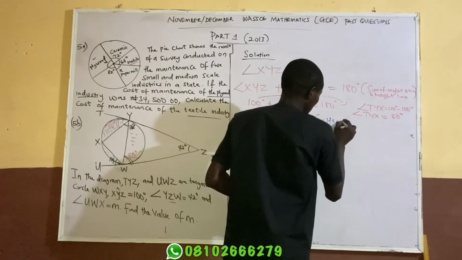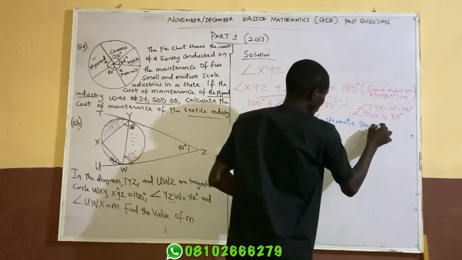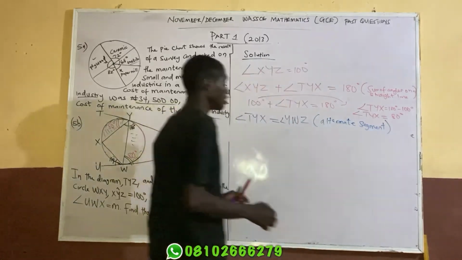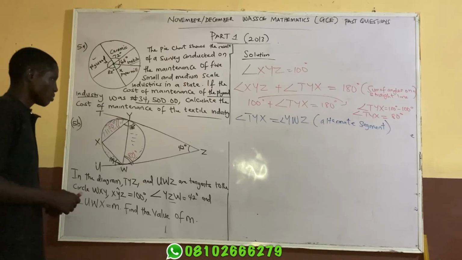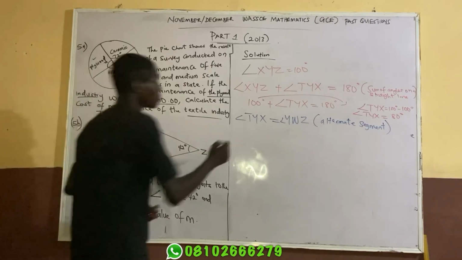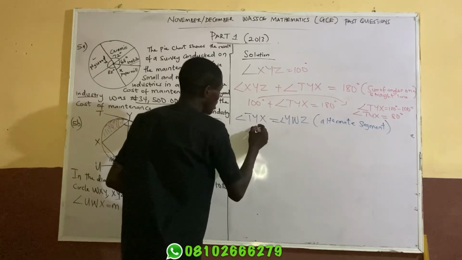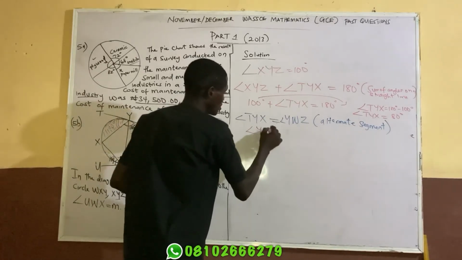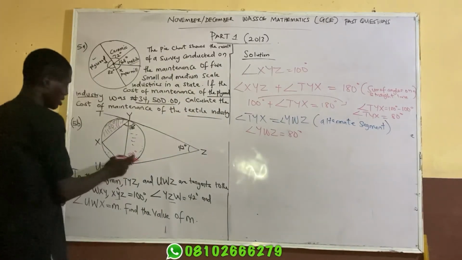Angles in alternate segments are equal. Now, if angle TYX is 80, angle YWZ is also 80 degrees. That's why we have 80 degrees here.